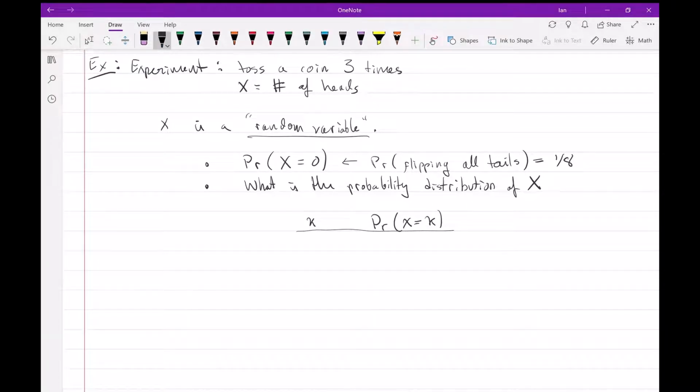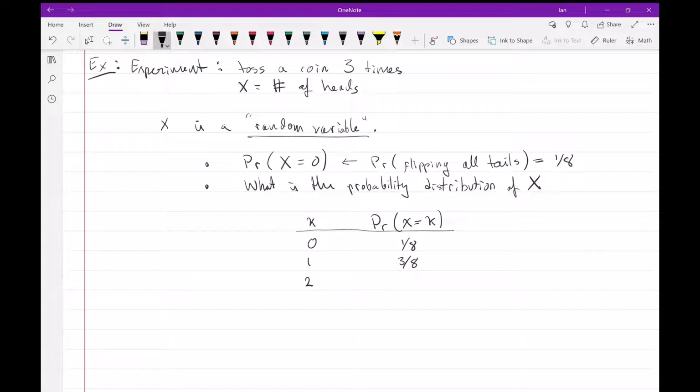And so, well, the smallest x could be is 0, and we just computed that the probability of that was 1/8. If k equals 1, then the probability of getting one head is, well, there's three ways to do that, right? It could come up in any single one of the three tosses. So that's 3 out of 8. And these are computations we've done a number of times now.